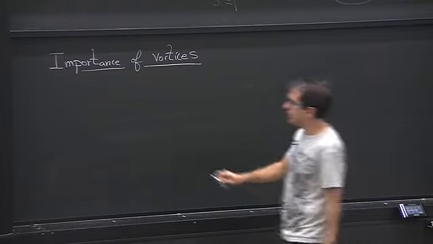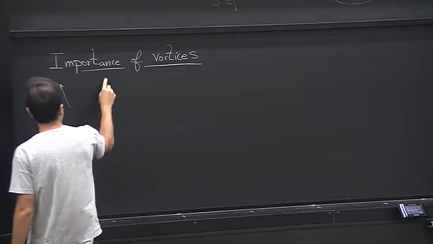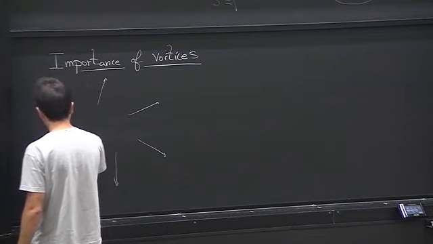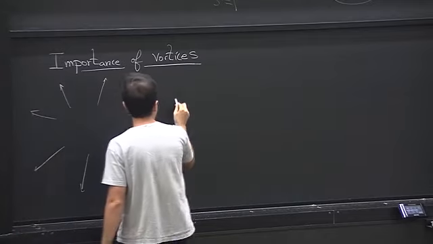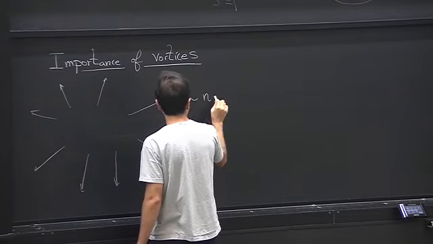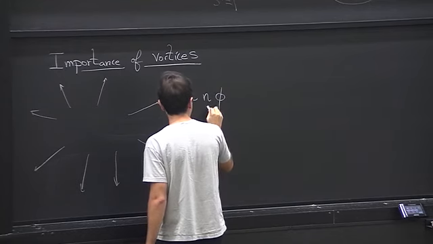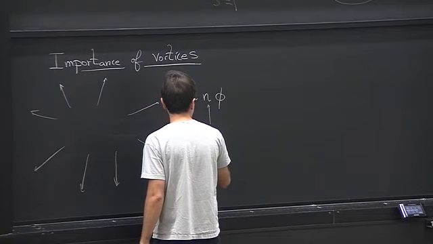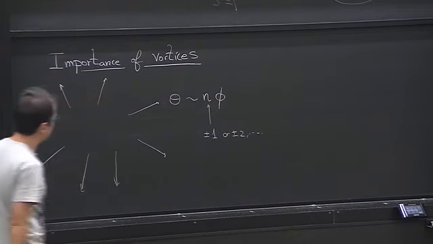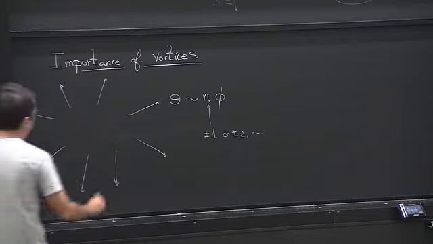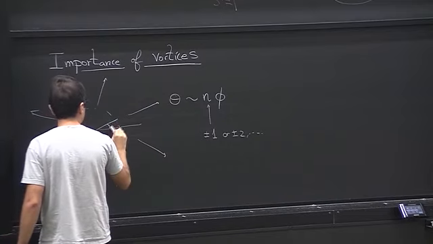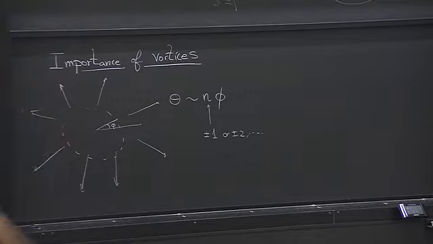So vortices would be these configurations where basically my theta is approximately equal to n times some angle phi. This n could be plus or minus 1 or plus or minus 2, etc. But the simplest case would be plus or minus 1. That is, if I'm looking far away, this is some far away distance, and I'm changing phi, the angle theta would change continuously like this.